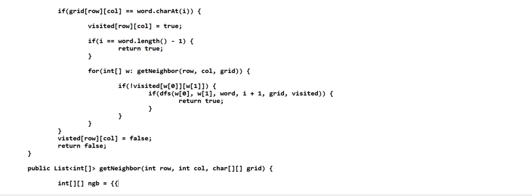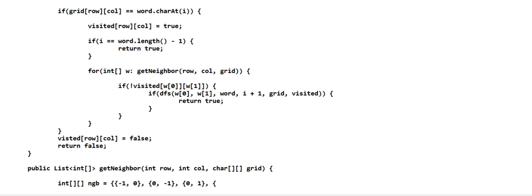The top cell is at whatever the row index of that cell is minus 1, and the column will be the same. For the left cell, the row will be the same, but for the column we need to do minus 1. For the right cell, the row will remain the same, but for the column we need to do plus 1.